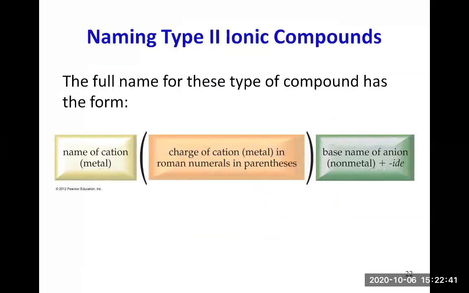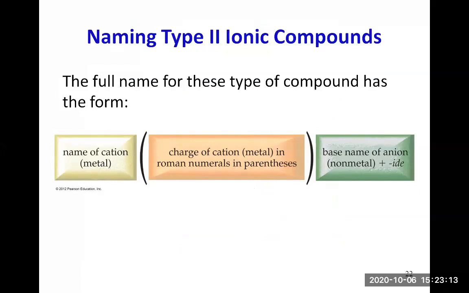So the full name of this type of type 2 ionic compounds will be named by following this schematic. You name the metal from the periodic table. You take the name from the periodic table, follow it by the charge of the metal in Roman numerals in parentheses, and then finish the name with the base name of the anion and change the ending to "ide".